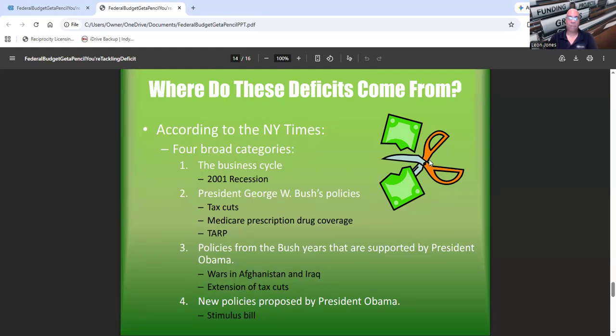Tax cuts, that's money that you're not getting. Remember that. And when you extend tax cuts, that's not contributing to a deficit. It's the spending that contributes to the deficit. You're always in the red. And then new policies proposed by Obama, like the stimulus bill. So that's examples.